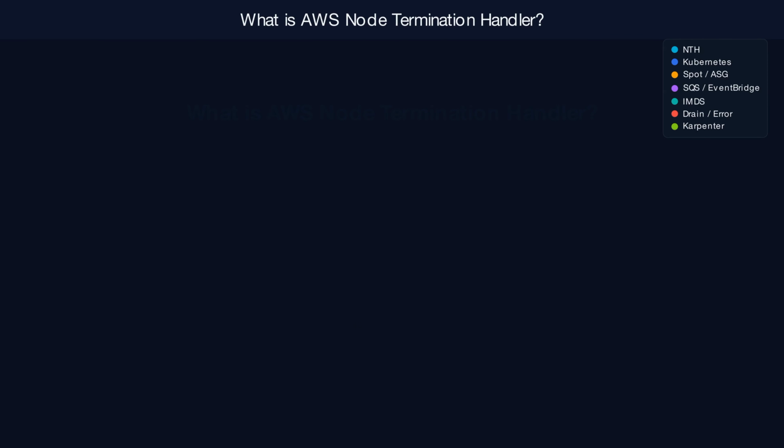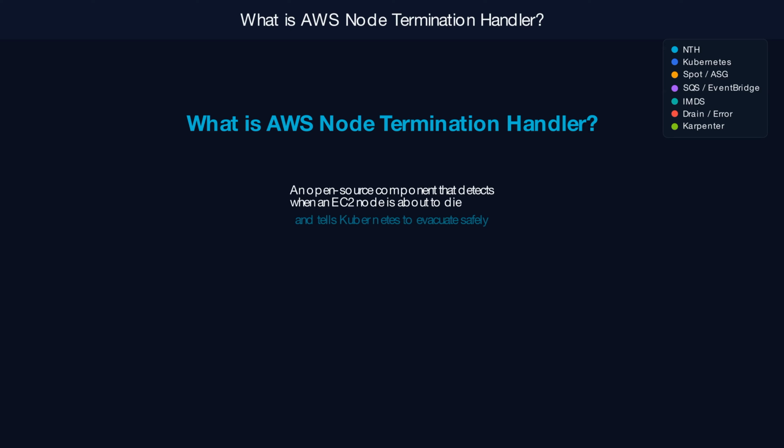Let us begin. AWS Node Termination Handler, or NTH, is an open-source component maintained by Amazon Web Services. Its job is simple but critical. It detects when an Elastic Compute Cloud worker node is about to become unavailable and tells Kubernetes to move workloads away safely before the node actually dies.